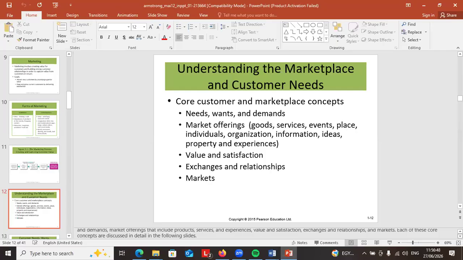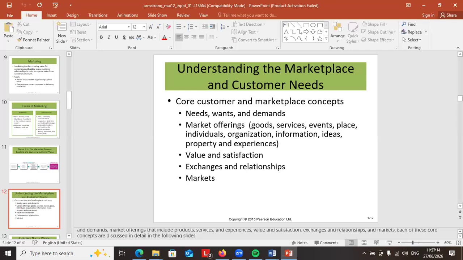Donald Trump, in the kind of suit he wears, the kind of shoes he puts on, the haircut, the way he presents himself, is all being marketed by a celebrity marketer. We have organization marketers, information marketers, ideas marketers, property marketers, and even experiences marketers, right?